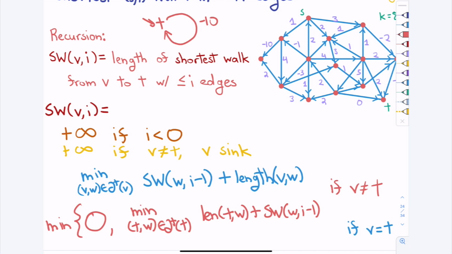Okay, so i is always going down. So we do have a nice clean induction hypothesis. We're doing induction on i, the base case being i is equal to 0, or negative, I guess, here. Okay. There's another way to look at this.